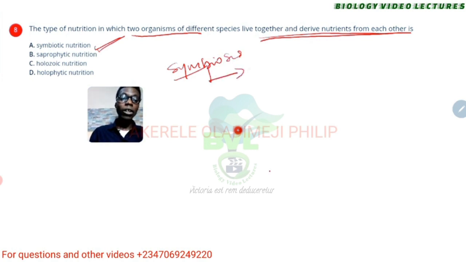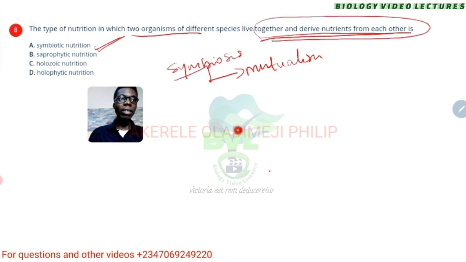That's divided into what we call mutualism, which means both of them are benefiting, deriving from each other. Then we have parasitism, commensalism, amensalism, and all of that.